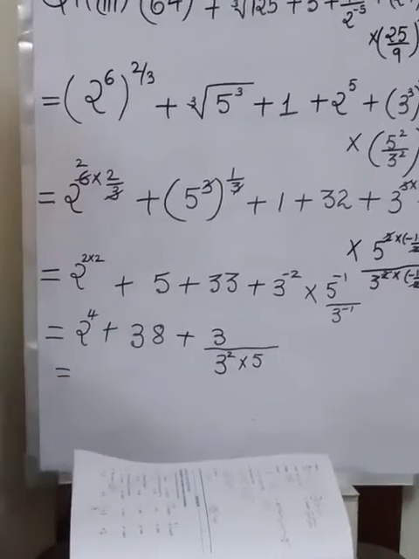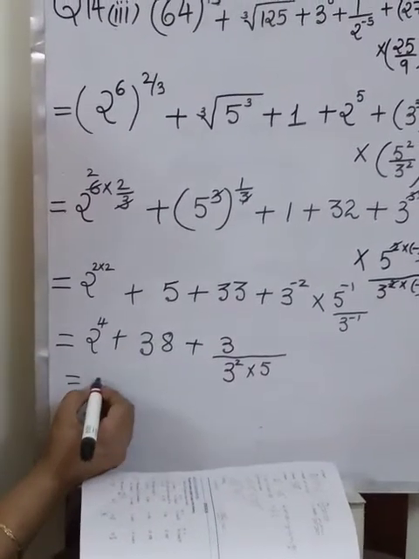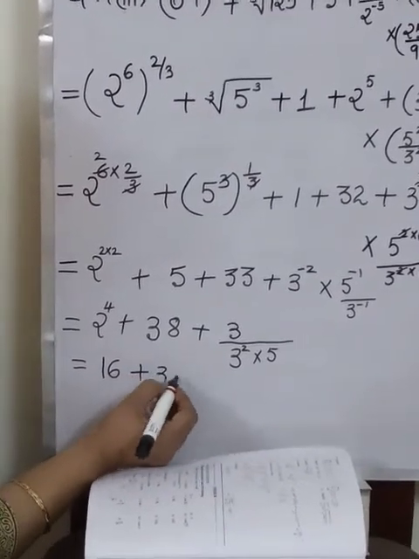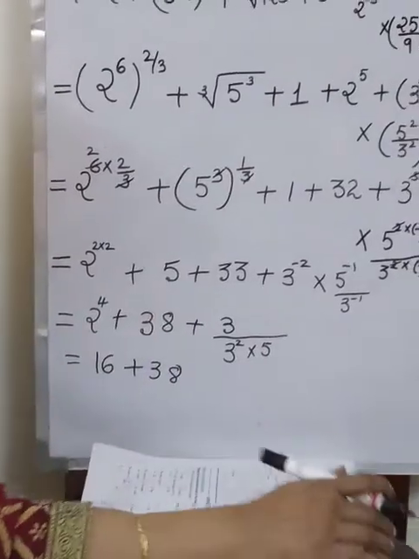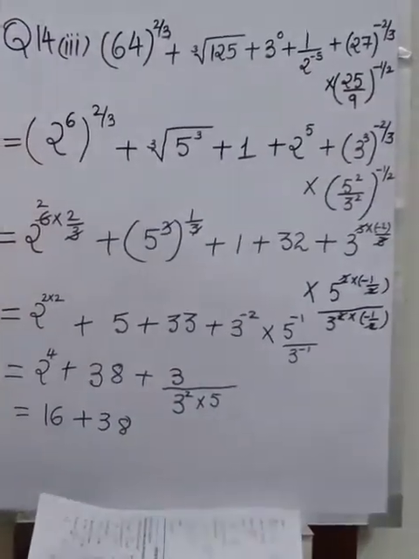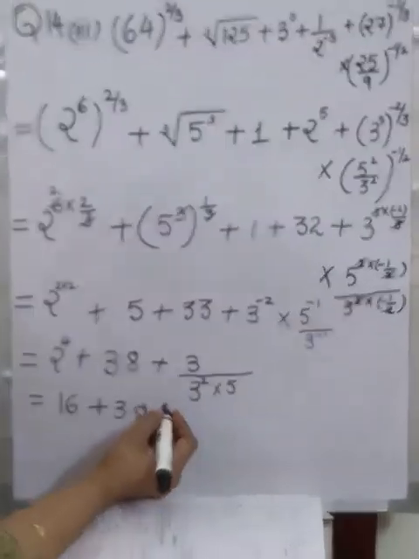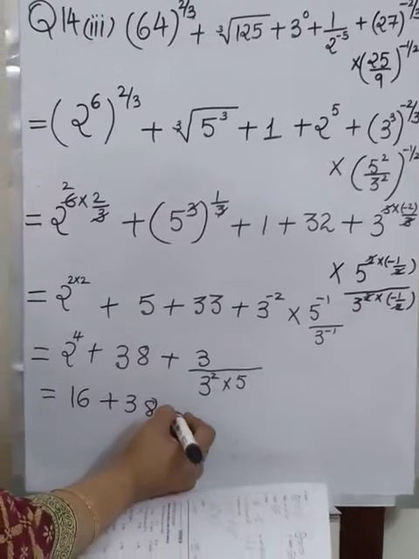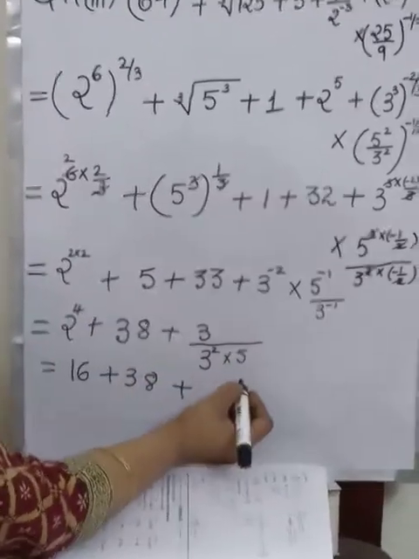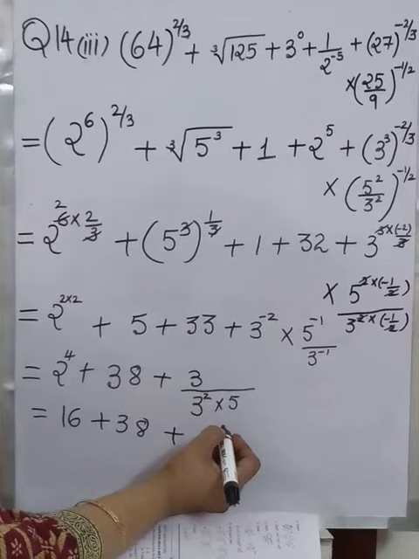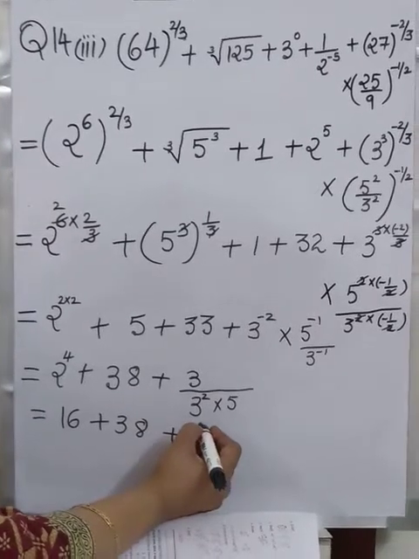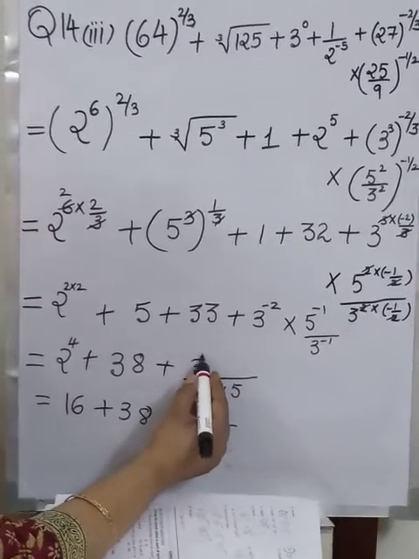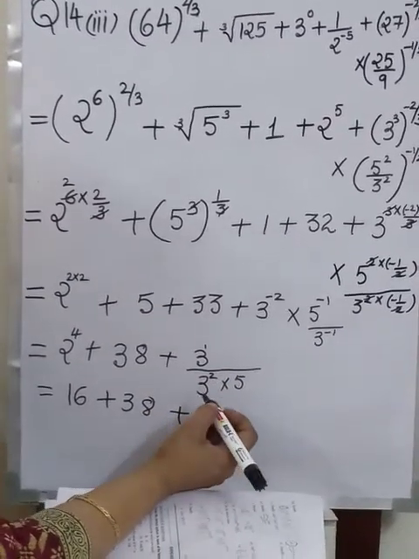Again we solve it. 2 to the power 4 is 16, plus 38, plus 1 upon, as we are dividing, 3 has power 1, we apply the division law.